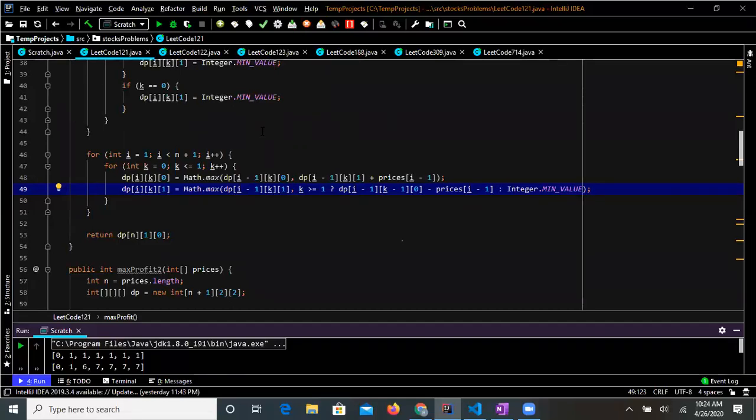I just want to make sure I'm interpreting k correctly. So if k equals 0, what does that mean? That means you have no transactions remaining? Right. K equals 0 means we have done 0 transactions. Up to 0 transactions. Let's think about it.